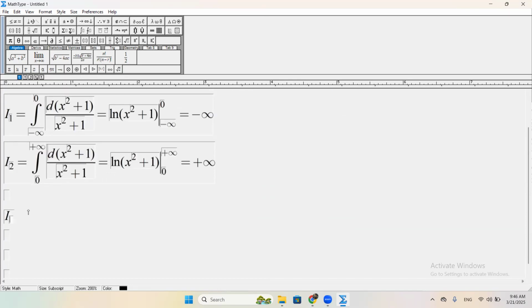As both of them diverge, it means that the integral I, which equals their sum, also diverges.